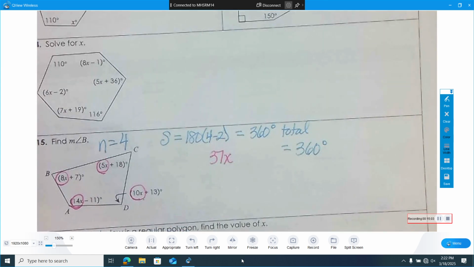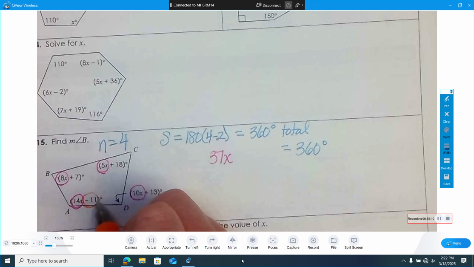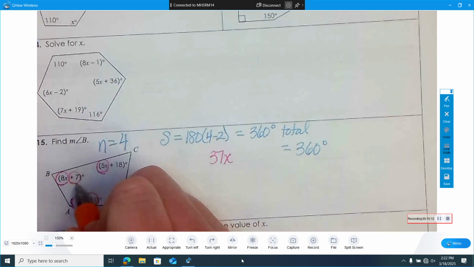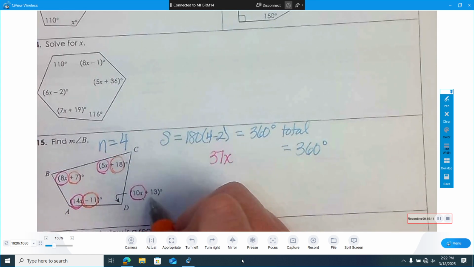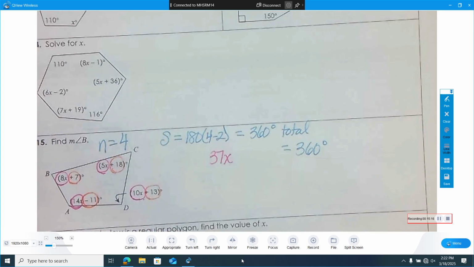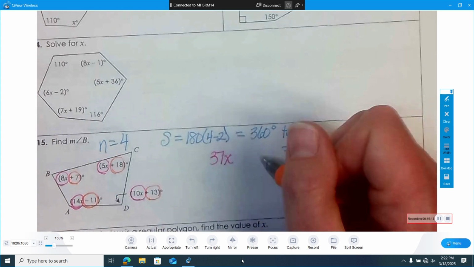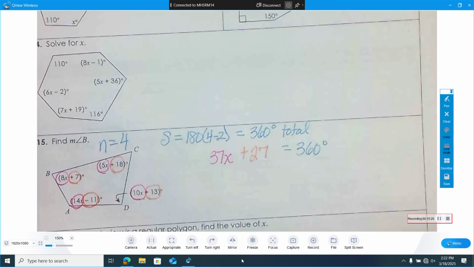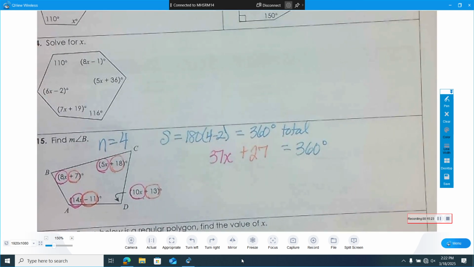Very good. And then I'm going to combine all the regular numbers, so I have a negative 11. Watch your sign there. Negative 11, positive 7, and an 18, and a 13. So we add up all the numbers, and we get 27. So 37x plus 27 equals our total of 360 degrees.